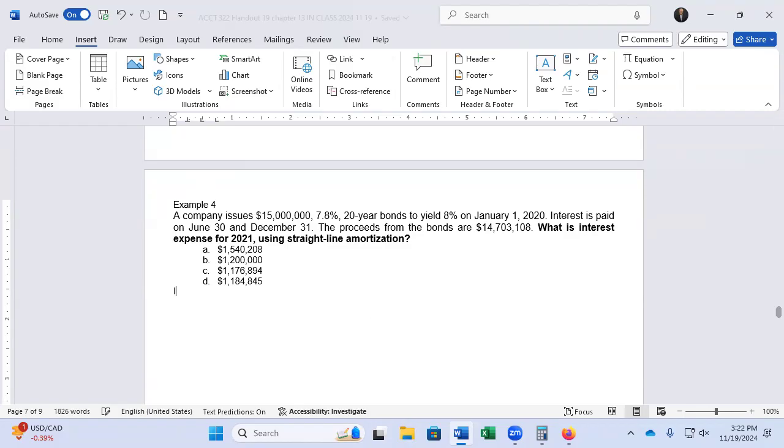Okay, and so our interest expense is calculated by adding the discount to the interest paid.